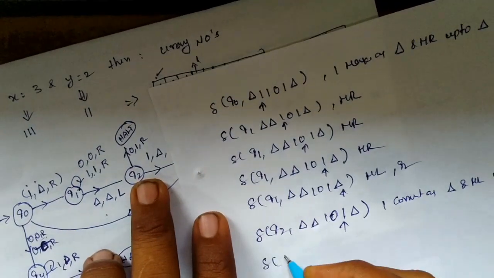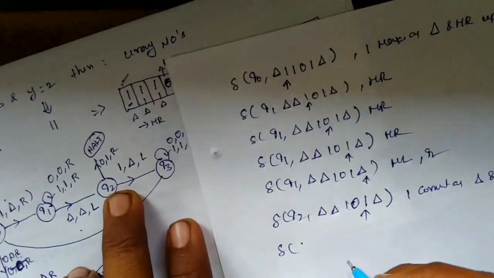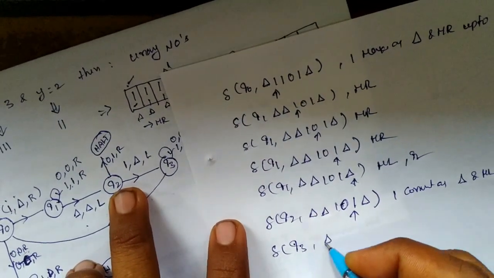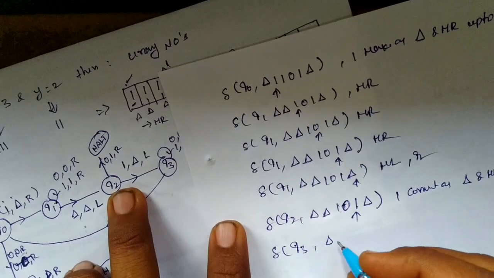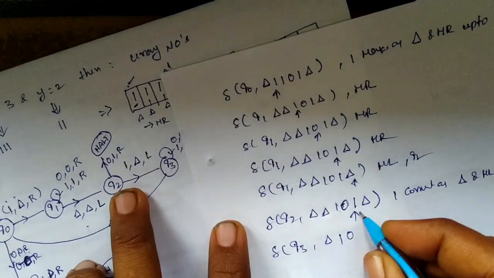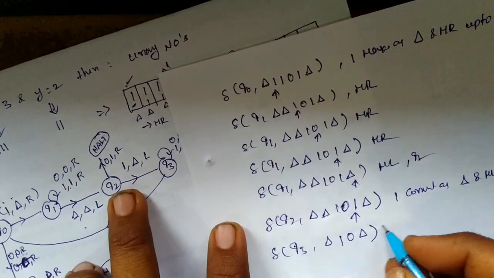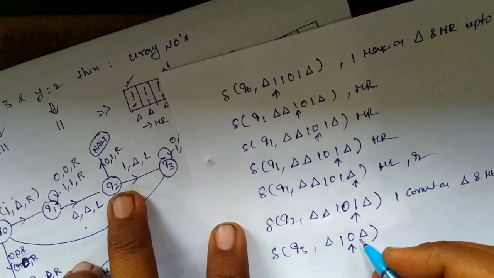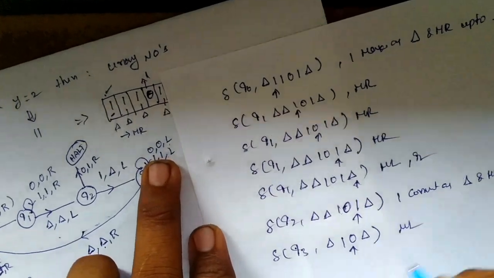So that's why del of, and the next state is Q3. So Q3, del: any number of dels means the same, so skip it. Del 1 0: this one can be converted as del and move left, so the header is here. Now we are at Q3, the input is 0, so no change, move left.